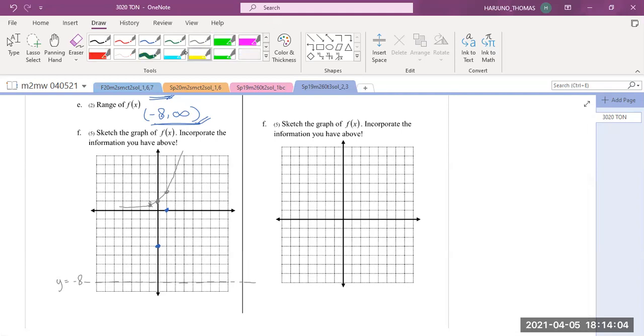Now, let's start with moving it 2 units to the left and 8 units down. 1, 2, 3, 4, 5, 6, 7, 8. So the new coordinate will be here, for this one.